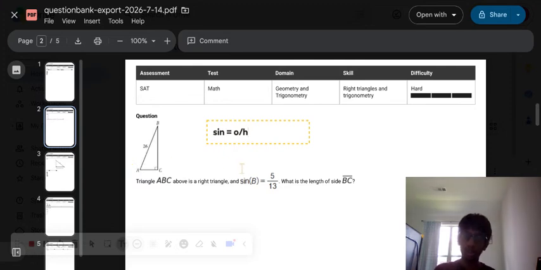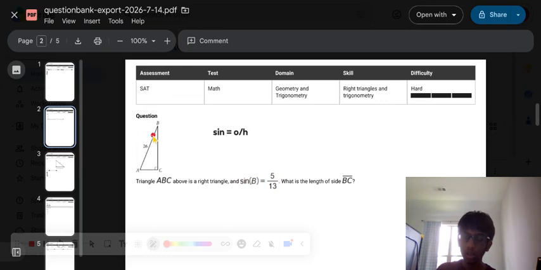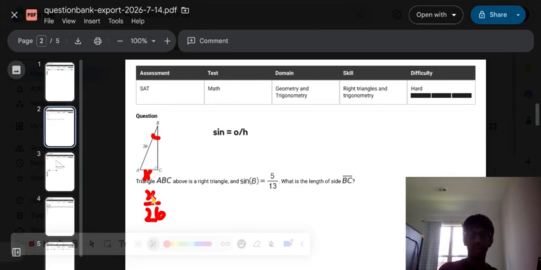So you're using sine B. So your theta in this case is B. So opposite would be this side. So x over 26. Remember, your hypotenuse is 26. And by the way, your hypotenuse is the side that is opposite to the right angle, in case you didn't know. This would be equal to 5 over 13, right?